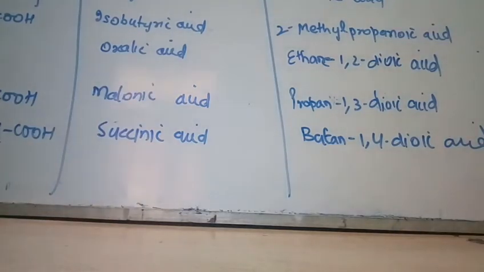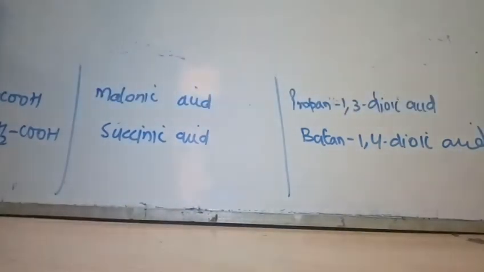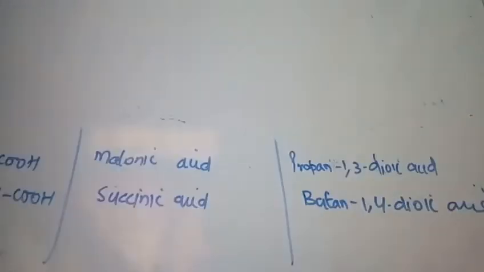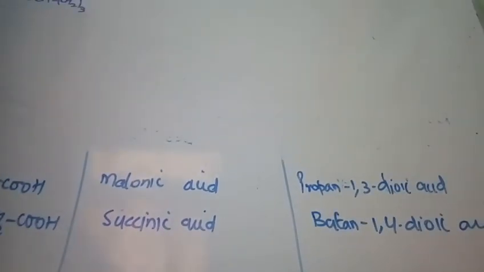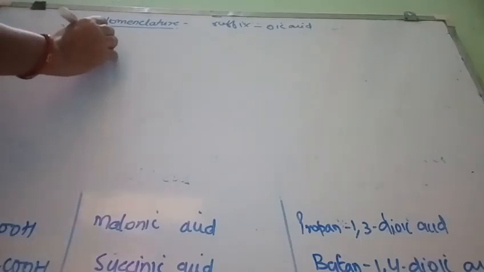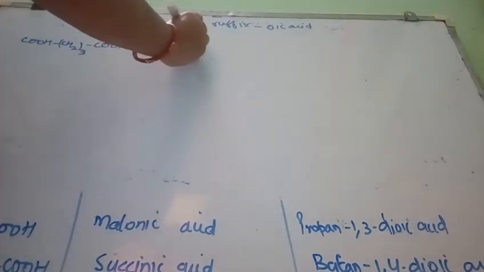Now the next one is this compound, COOH, CH2 whole thrice COOH, and this compound is known as glutaric acid.